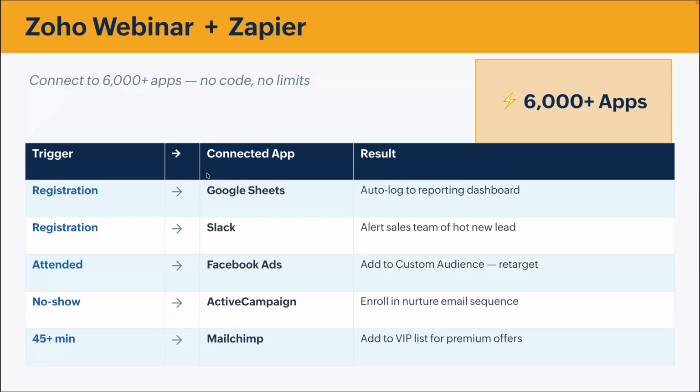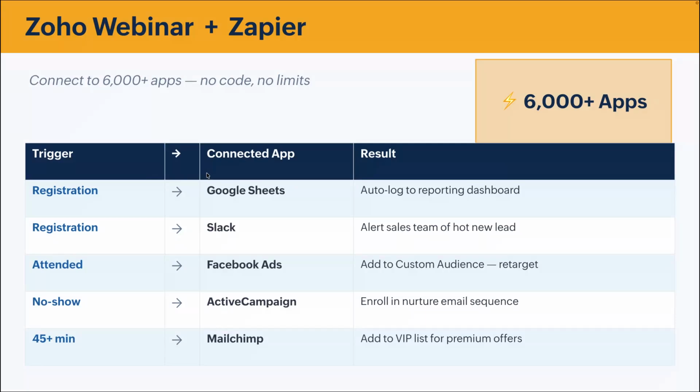So this is where the audience starts seeing the flexibility. Not every team has the exact same GTM stack, but Zapier lets the webinar platform trigger these actions across a broader ecosystem. Whichever applications you use, you can use the integration of Zoho Webinar and Zapier to connect with those apps directly without writing any code.